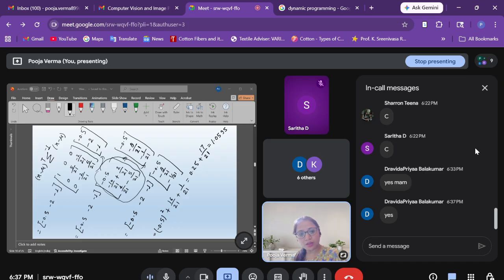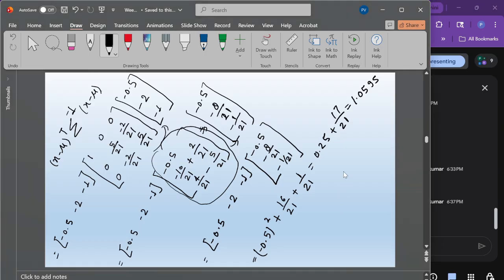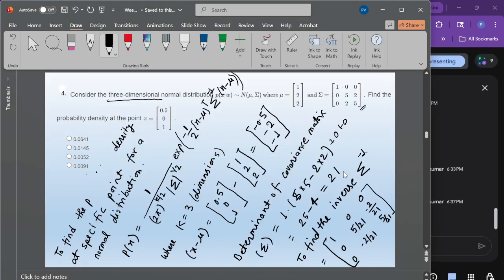Can you put in the formula that we have given previously and calculate the overall value? Now we know all the values.